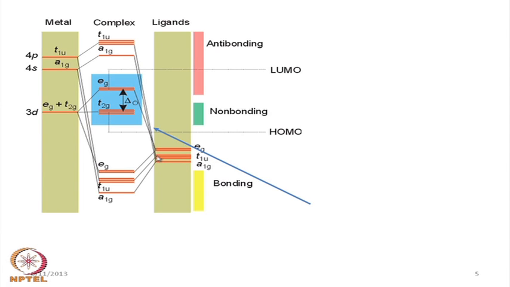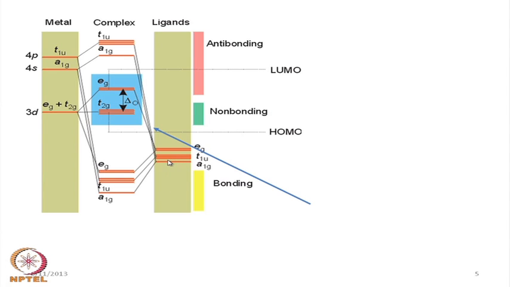The only thing is that due to this interaction we have some stabilization, which stabilizes these two sets of orbitals as their bonding molecular orbitals in terms of sigma bonding interactions. So this yellow shaded line for the bonding part of the molecular orbital diagram comes from these four orbitals from the ligand side.